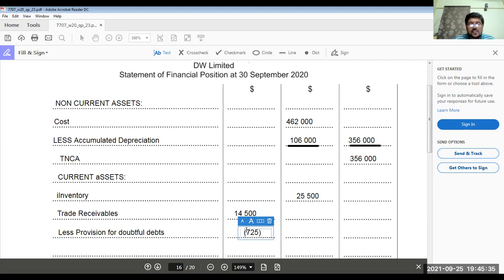Okay. So your net debtors or net trade receivable is how much? 14,500 minus 725. It is 13,775. Okay.